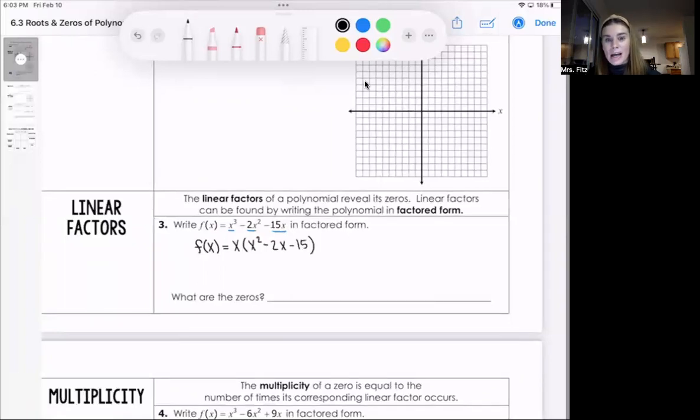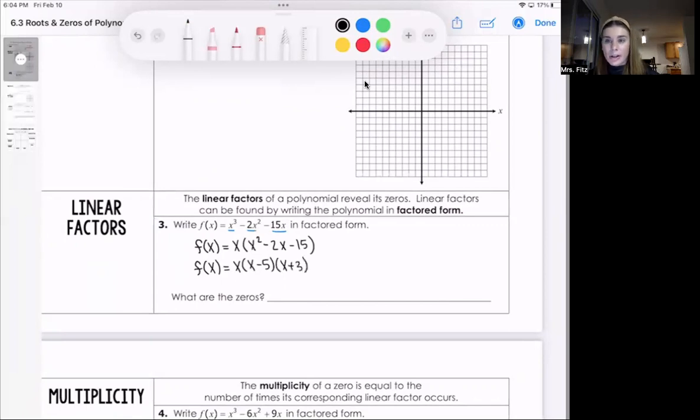Okay, well, the next step, I have a quadratic. So what I'm going to do is look for 2 numbers that multiply to -15 and add to -2. Well, it looks like -5 and +3 will work. So f of x equals x times x minus 5 times x plus 3.